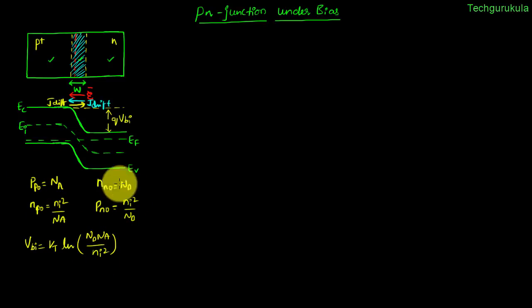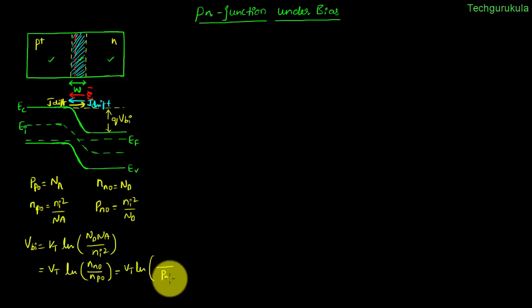And based on the relationships that we have here, we can rewrite this expression as VBI is equal to Vt times ln of Nd can be written as Nn naught, and Ni square over Na can be written as Np naught. So we can write this as over Np naught. And we can also write this as Vt ln of Nd by Ni square is actually 1 over Pn naught.